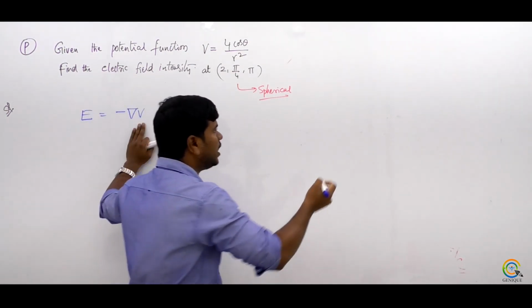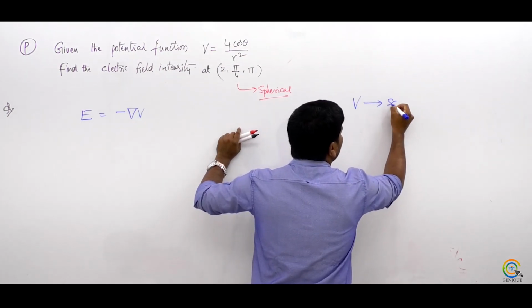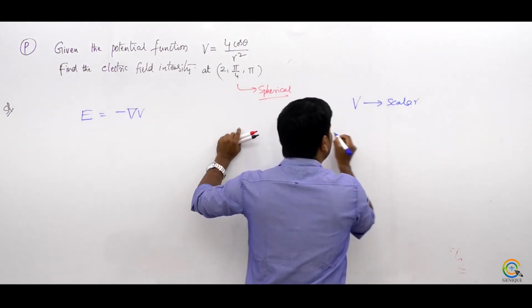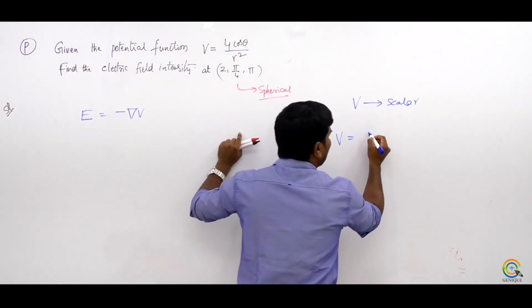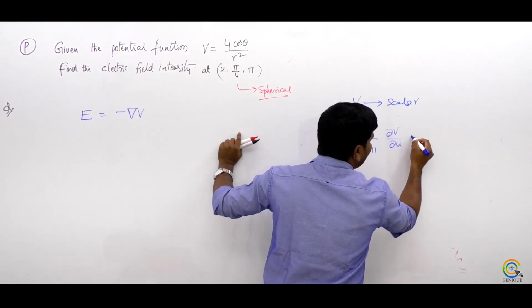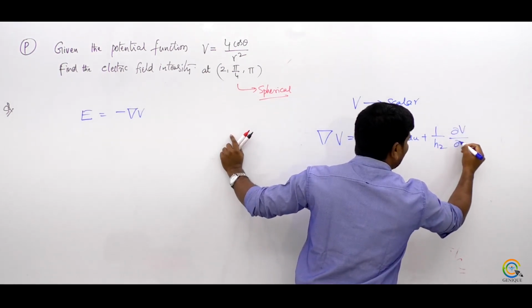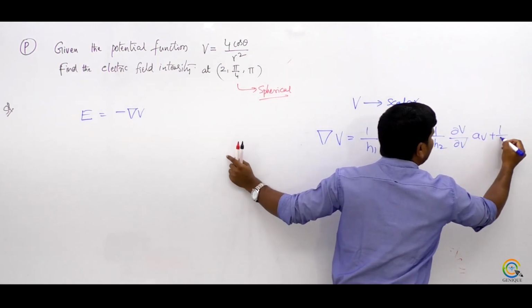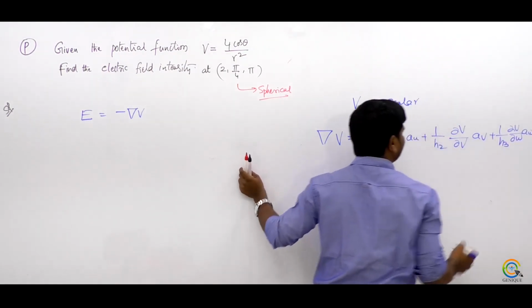Let us suppose V is any scalar. What is the gradient of V? In the generalized formula, gradient of V is equal to 1 by H1 dou V by dou U au plus 1 by H2 dou V by dou V av plus 1 by H3 dou V by dou W aw.